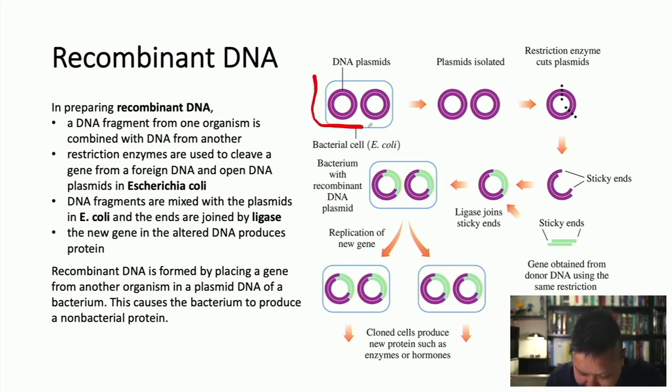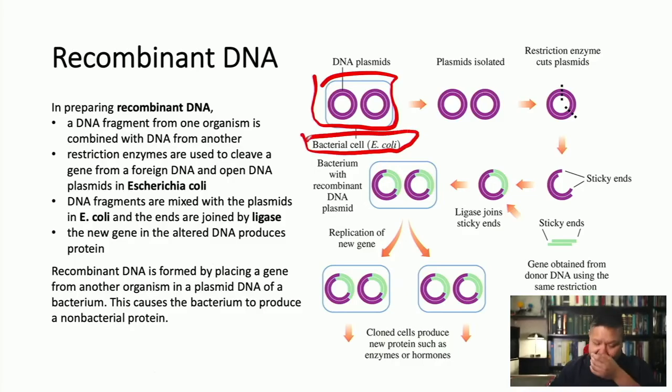So plasmids come from E. coli. Well, all bacteria have plasmids, but we generally use E. coli plasmids. And we'll get the plasmid out because we want to use that to replicate and express our protein from the DNA that we insert into it.